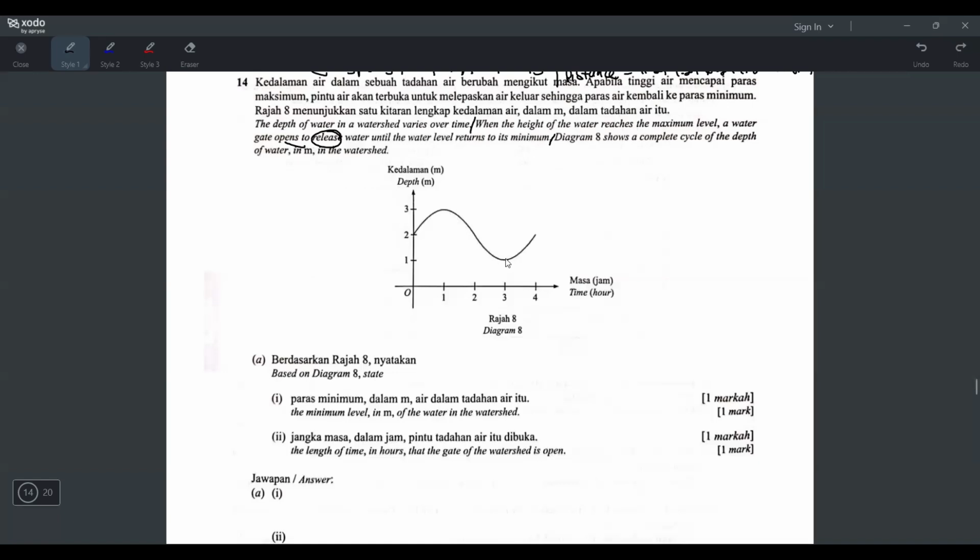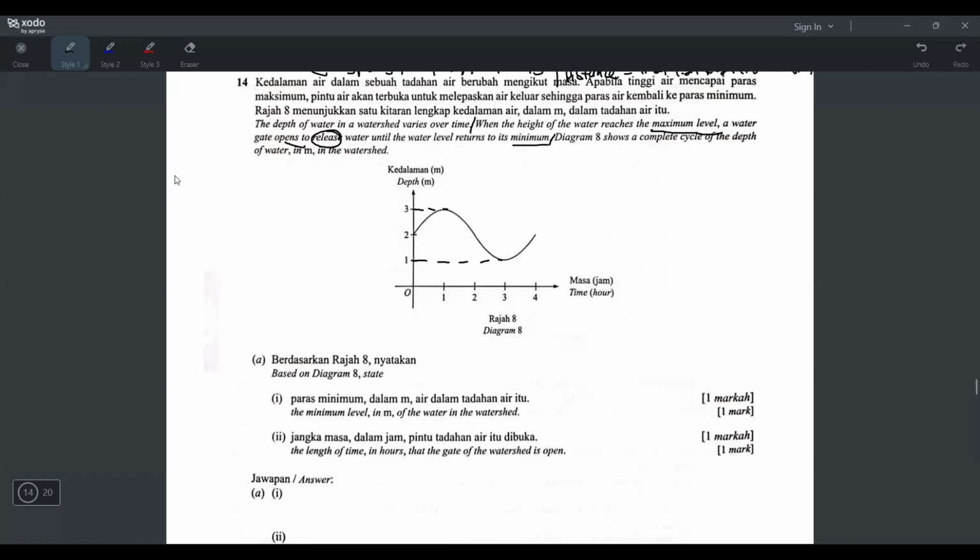And I think this is where the water gate closes again, and then it keeps rising and repeating the same process. So the maximum level is 3 meters, and the minimum water level is 1. Diagram 8 shows a complete cycle.